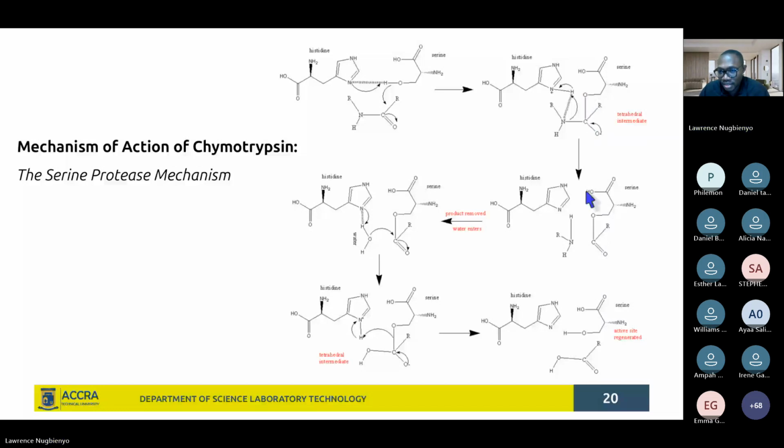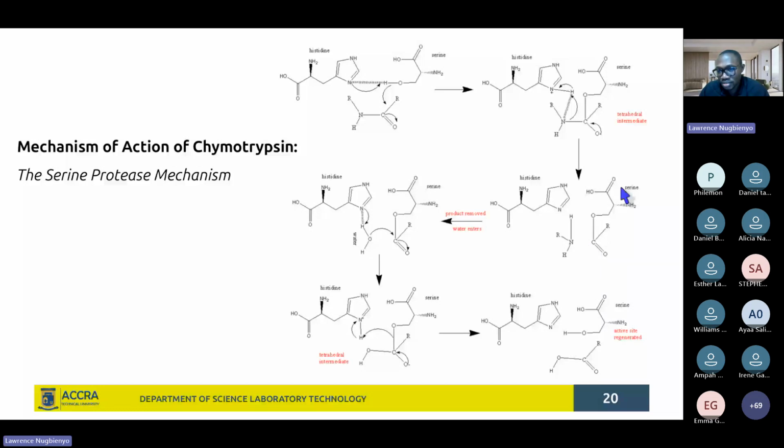In the next step, you see that now the bond is broken. The peptide bond is broken. And you see the side of the protein with that carboxylic acid group, which was involved in the formation of the peptide bond, is still bonded on that serine of the active center.